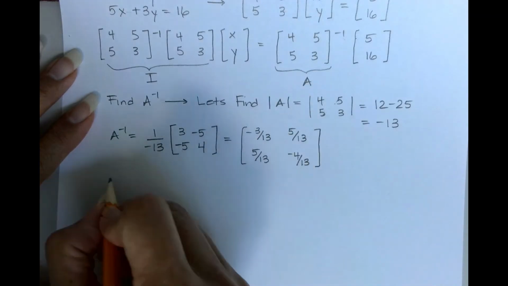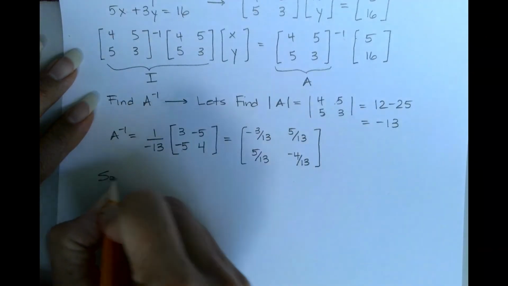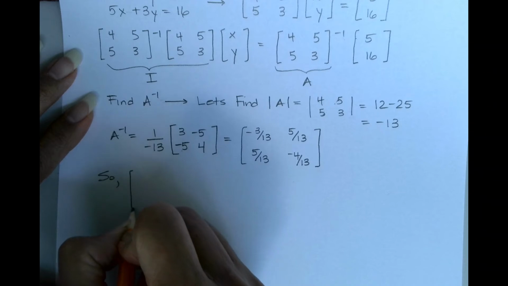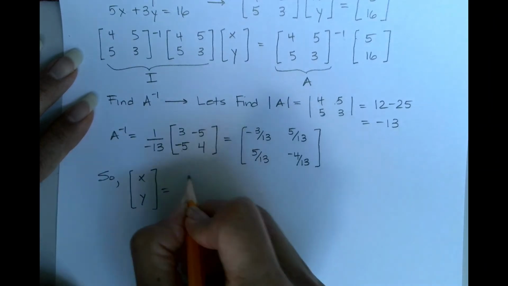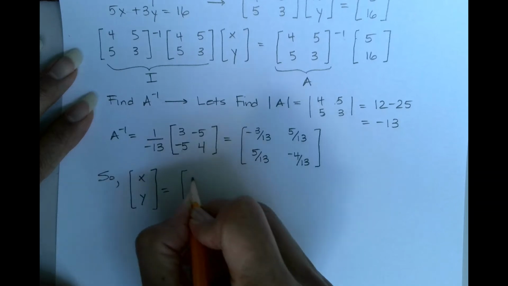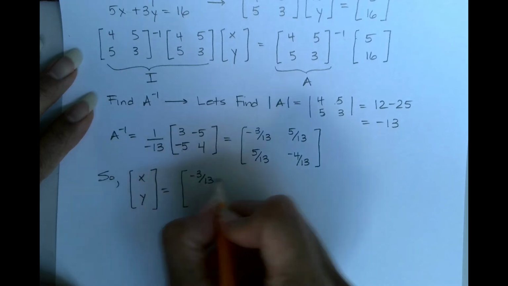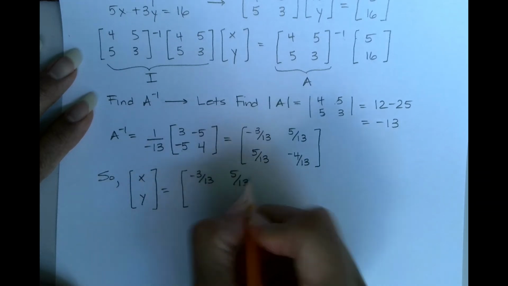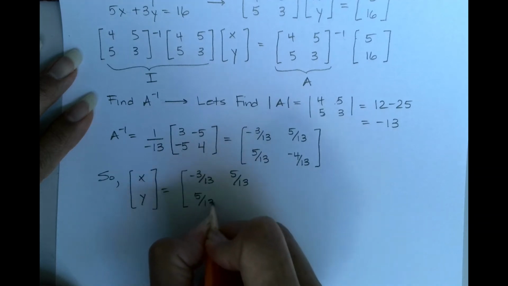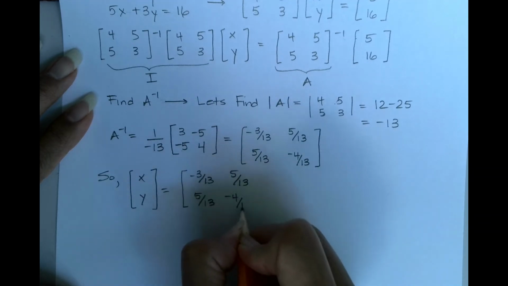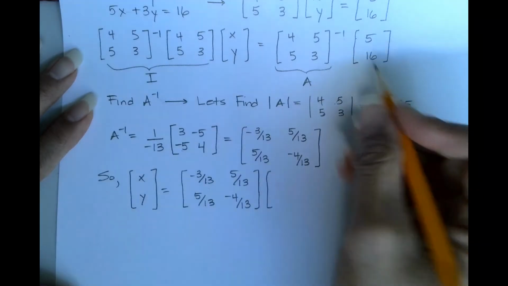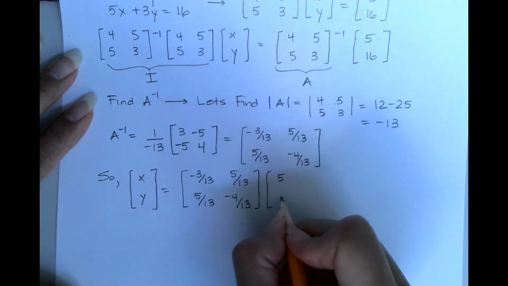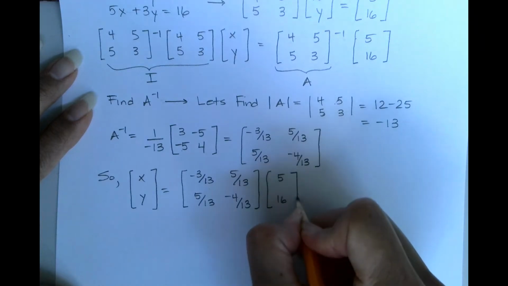So our x and y is going to be the inverse we found times the 5 and 16.